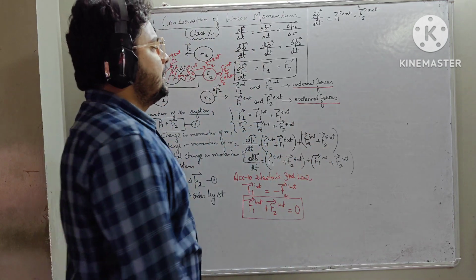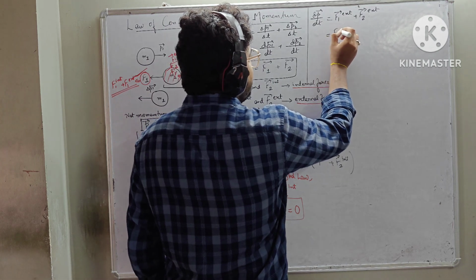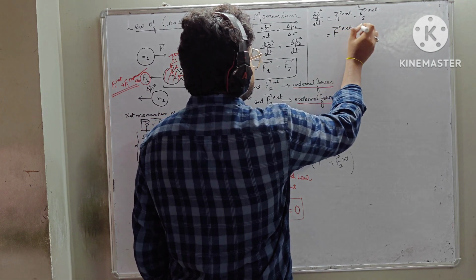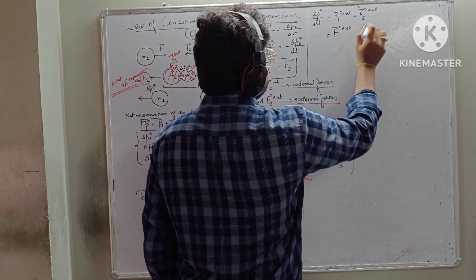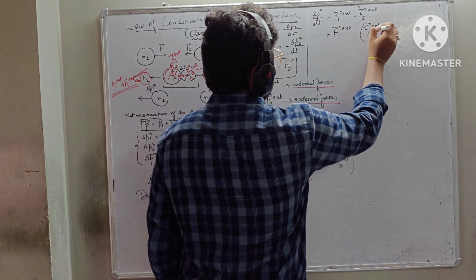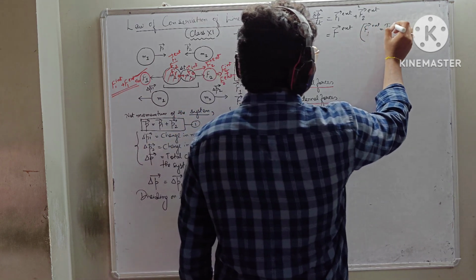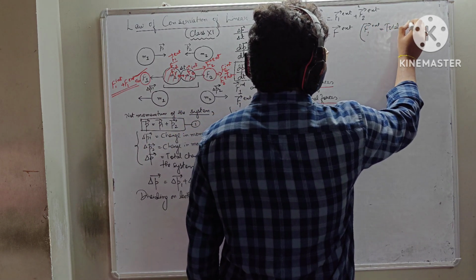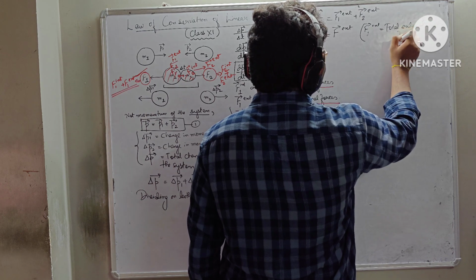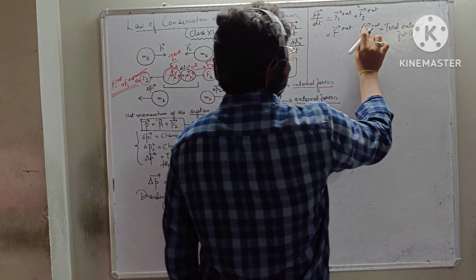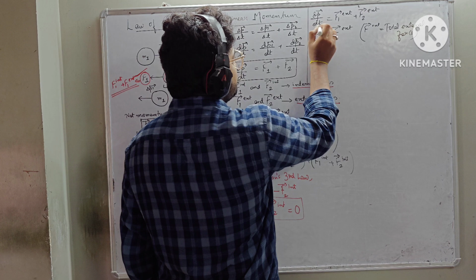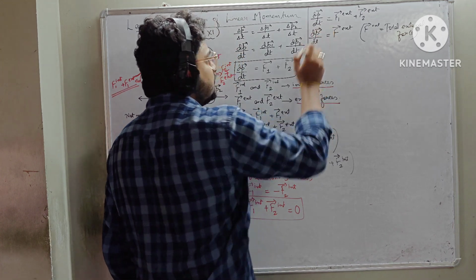Now I can replace this with F external, that is the total external force. So what is F external? F external is the total external force, because we are left with only the external forces.